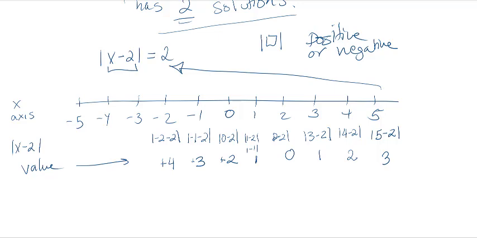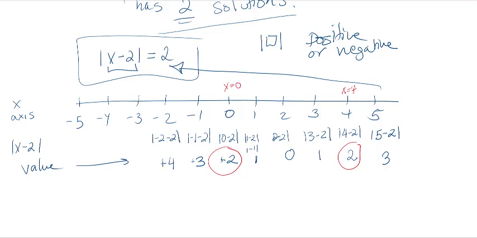Now we are looking for the solutions for this equation, the absolute value of x minus 2 equals 2. Now we did find two of these here, 2 and +2. This one is for x equals 4, and this one is for x equals 0.